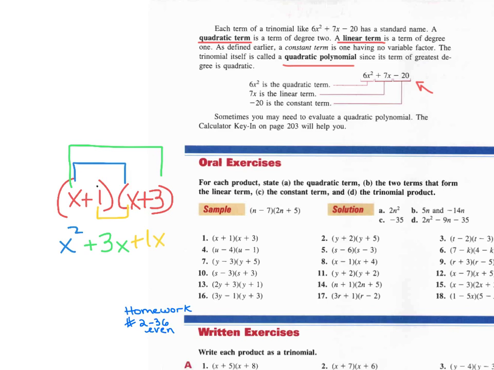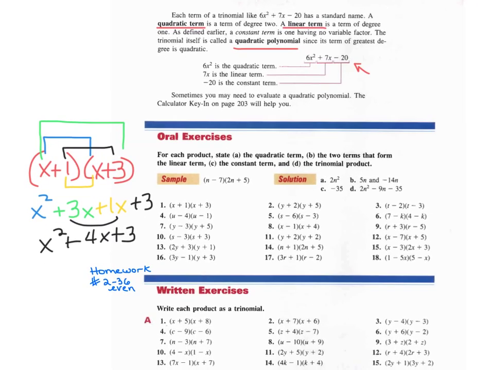And then finally, the last of each one gives me 3. I can group the middle terms, they're like, and then my final answer here is x squared plus 4x plus 3. The answers are going to turn into trinomials.